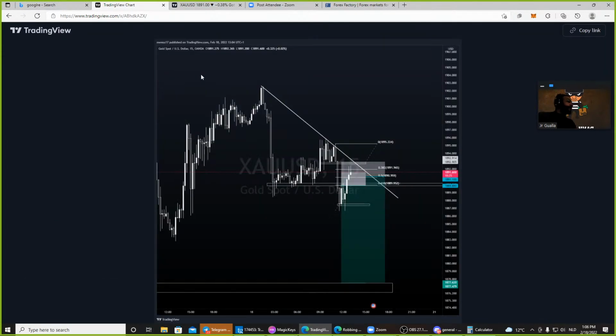Okay, there we go. Let's see here. Yeah, I kind of don't know what it's. It says I see break structure. I see a trend line to the downside. I see a 38.20. Um, 1877 targeting.